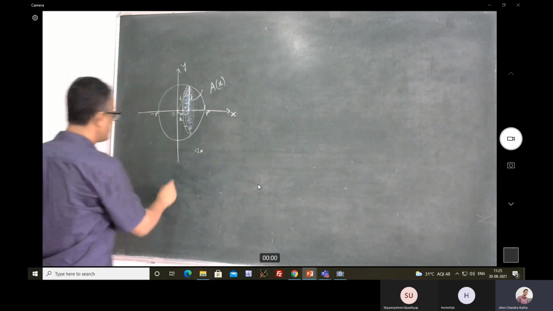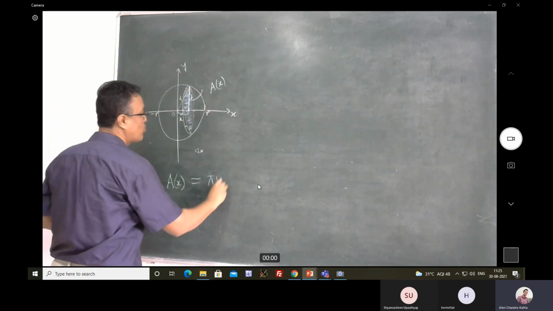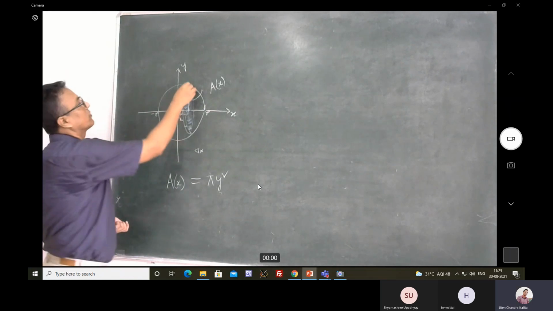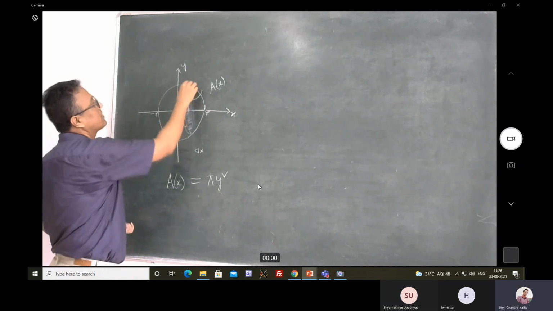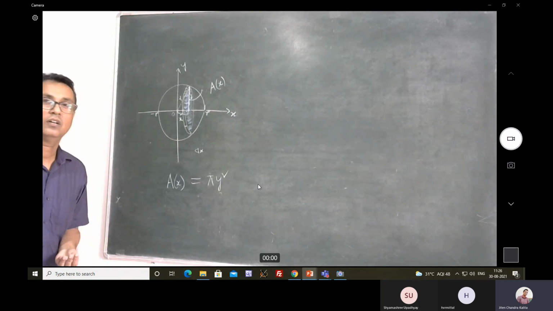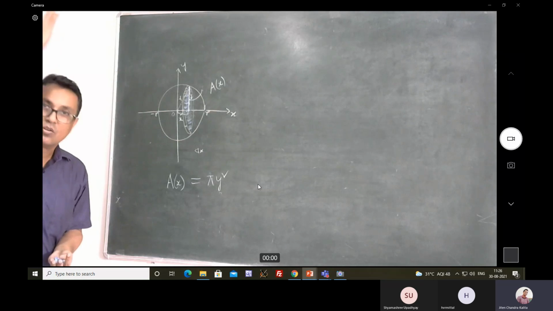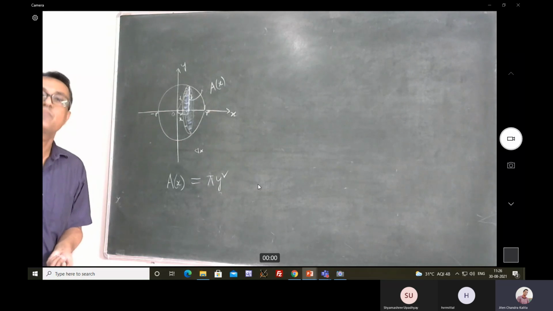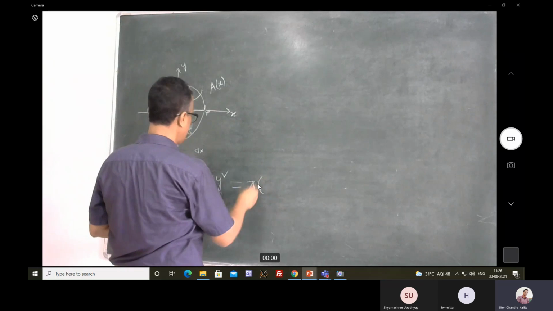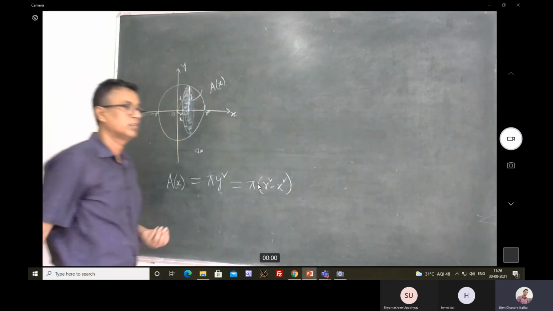Then you know that A of x is simply pi y squared, because this is going to be the radius of the disk, and the disk is nothing but the cross section of the plane Px. So this is equal to pi times r squared minus x squared.